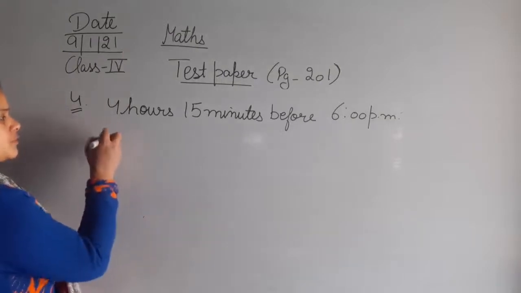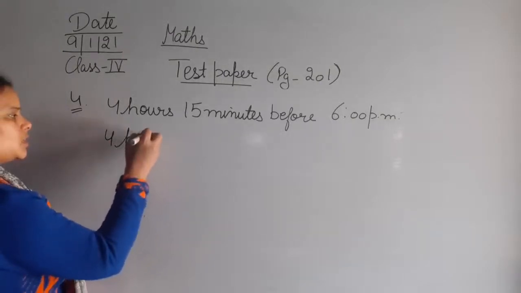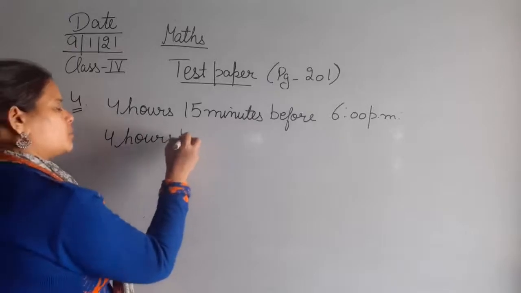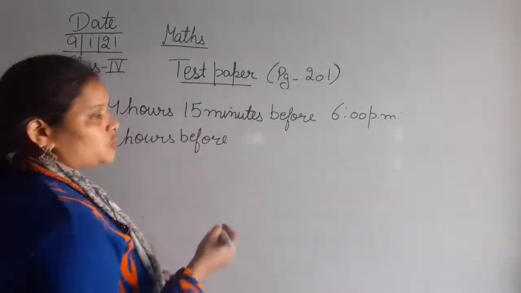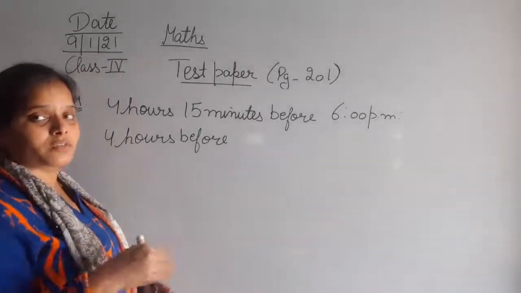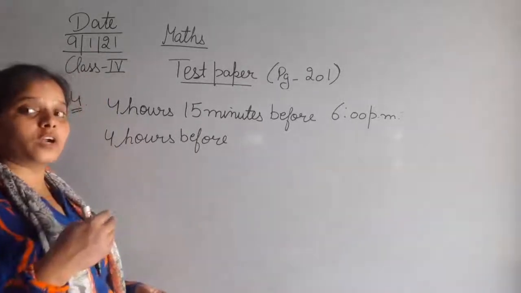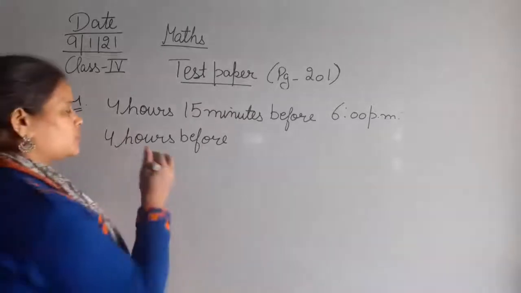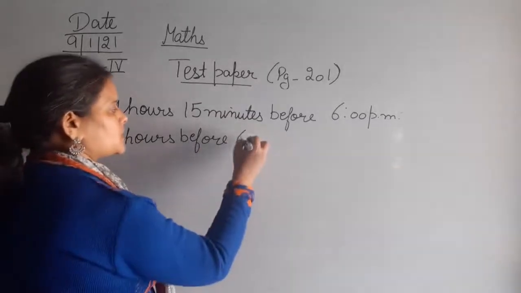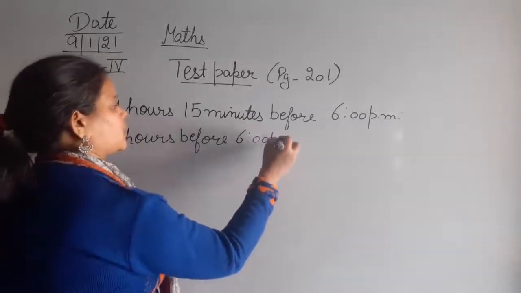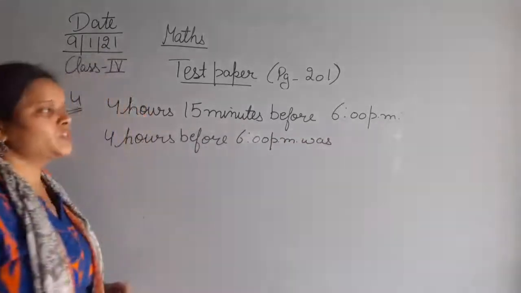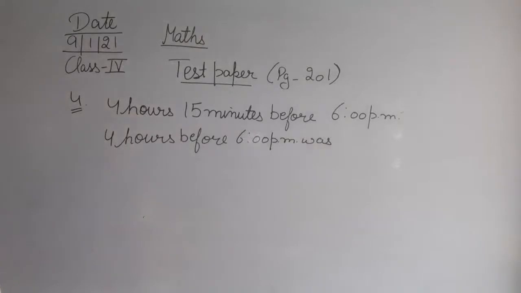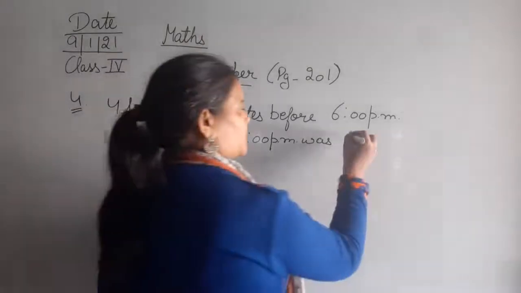So instead of going all together, we will go hours and minutes wise. In spite of going direct 4 hours 15 minutes, first of all we will calculate the time 4 hours before 6 PM. 4 hours before 6 PM, what was the time?